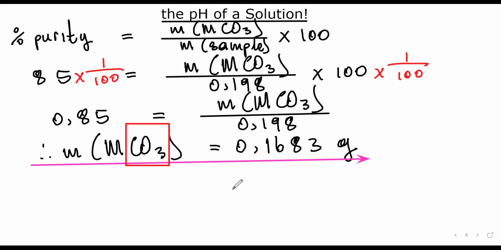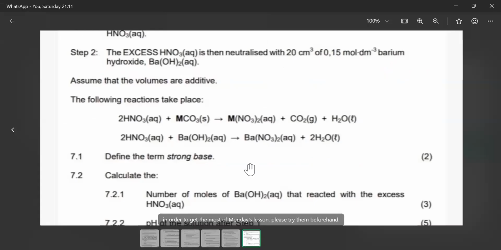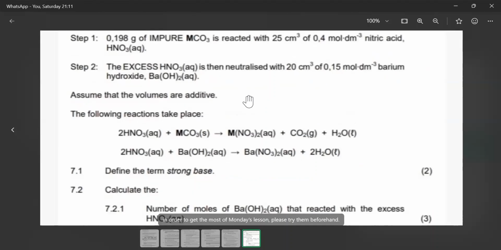But the question is, how do we find the number of moles of this metal carbonate? Well, it's very easy. We just need to know how many moles of the metal carbonate were needed in order to react with the nitric acid. That's all.